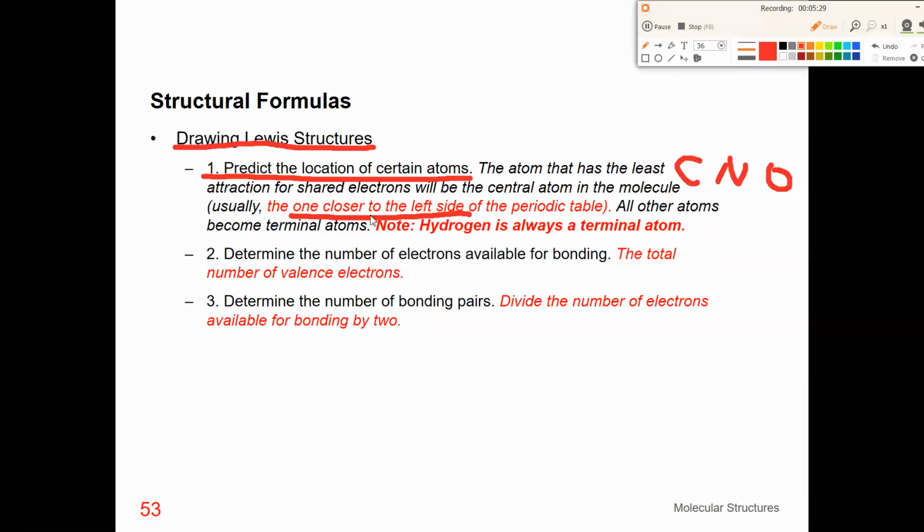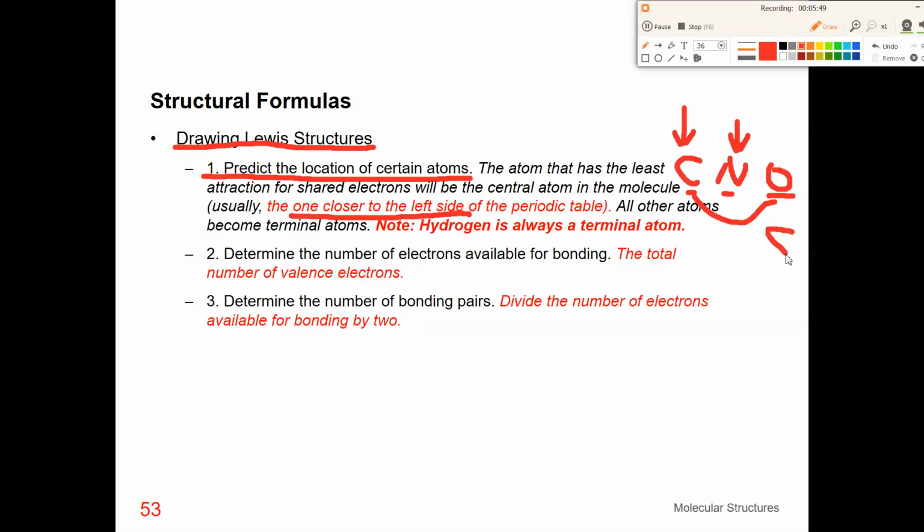Which one is closer to the left? If you have nitrogen and oxygen, nitrogen is going to be central. If carbon is linked with nitrogen, carbon is going to be central. If carbon is linked with oxygen, carbon is going to be central.